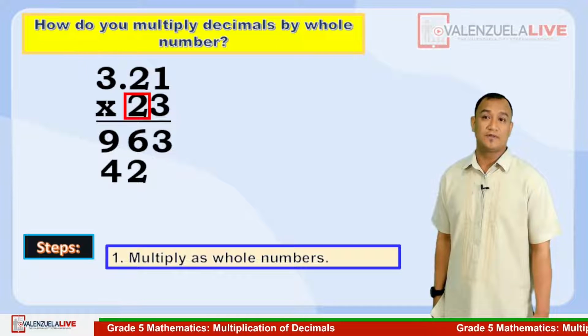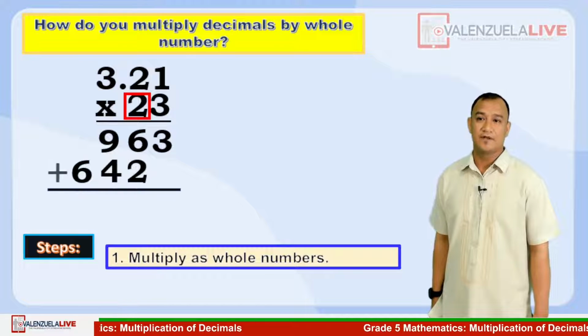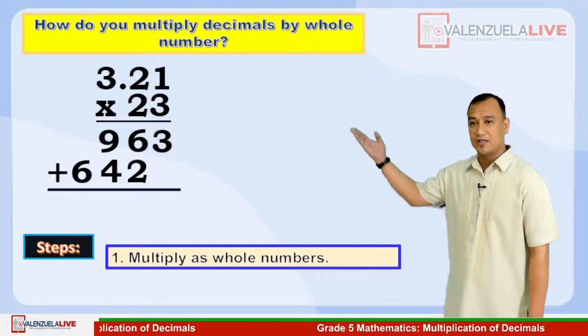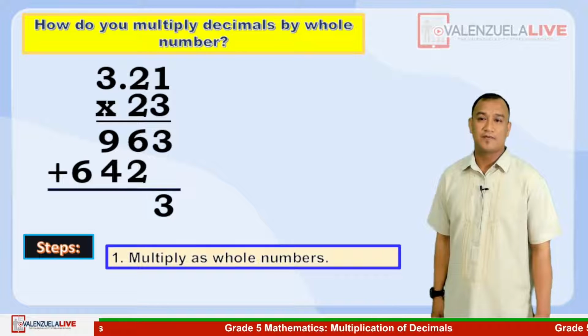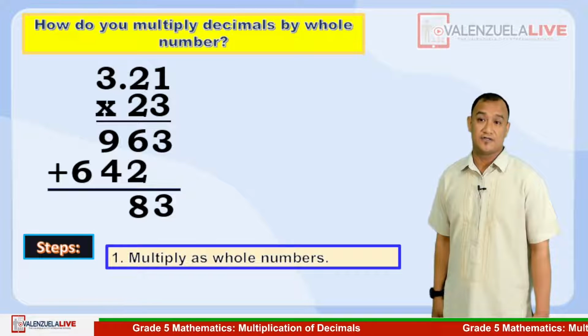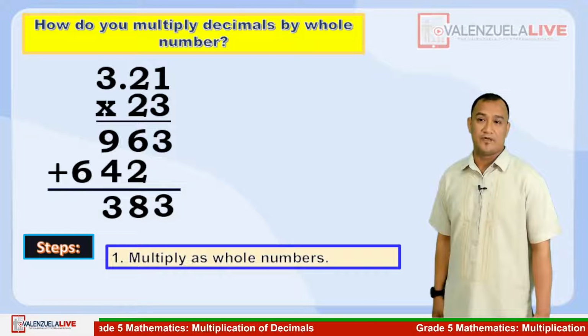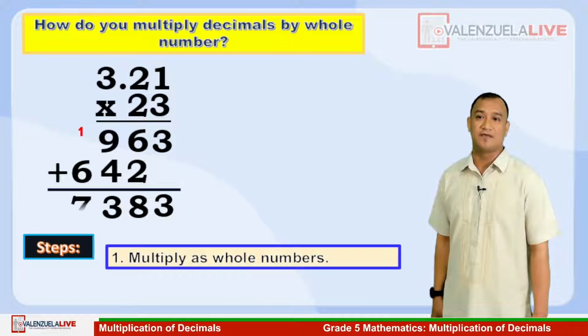And 2 times 3 is 6. Then, let's add the partial product. 3, 6 plus 2 is 8, 9 plus 4 is 13. Bring down 3 and regroup 1. And 1 plus 6 is 7.